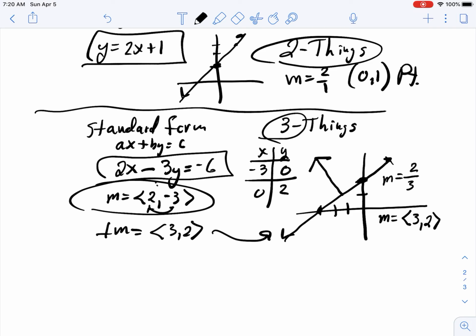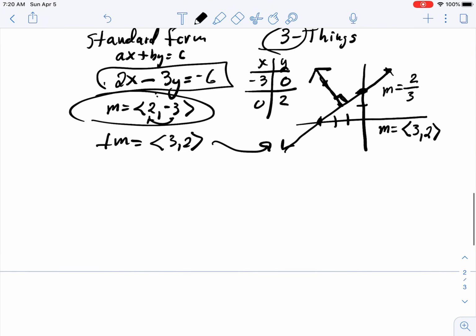And there's my slope. So that's the third thing: anything you see in standard form is the perpendicular to that. And all you have to do is use what you learn in geometry and then take the next step.